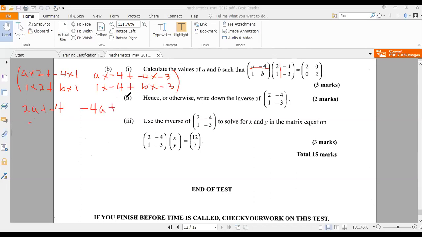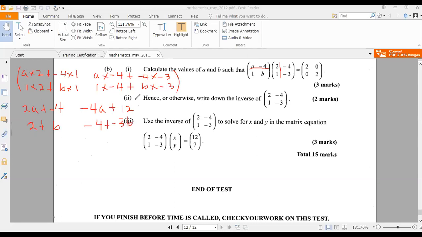Then 1 times 2 gives me 2, plus 2B. Then plus B. Then -4 plus -3B.